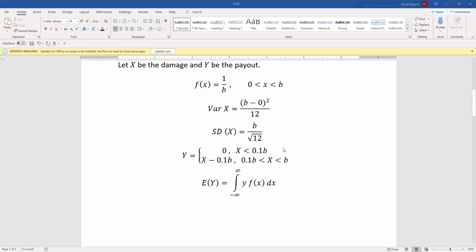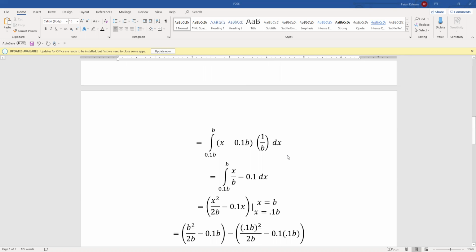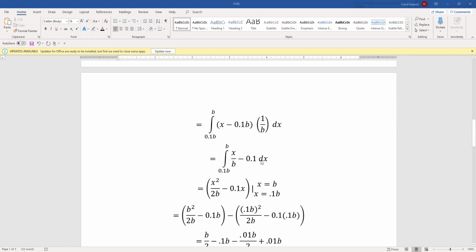So f(x) is 1 over B. And we can write it as X over B, distributing the 1 over B on both these. So X over B minus 0.1.